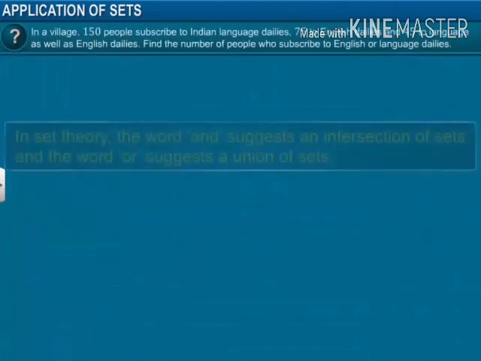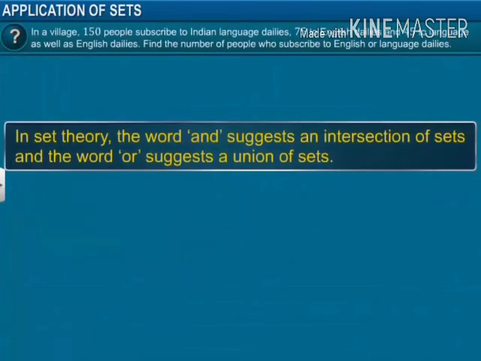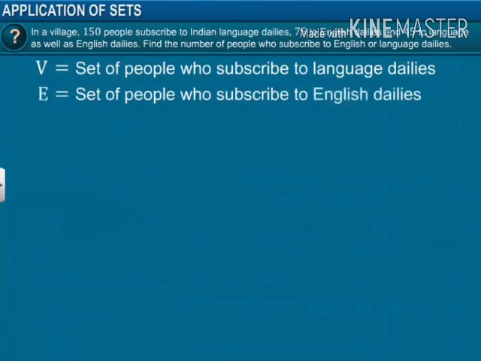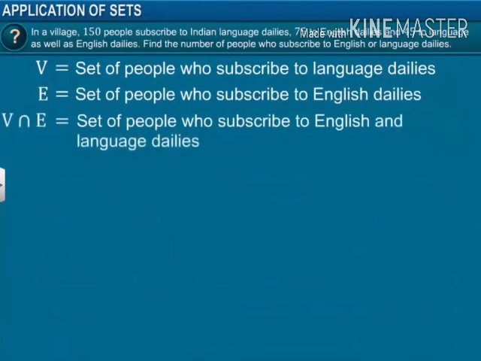In set theory, the word "and" suggests an intersection, and the word "or" suggests a union of sets. Let V be the set of people who subscribe to language dailies, and E be the set of people who subscribe to English dailies. Let V intersection E be the set of people who subscribe to English and language dailies.